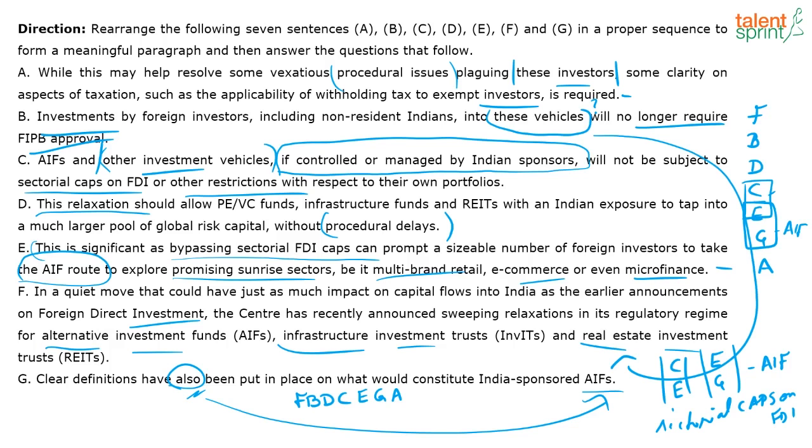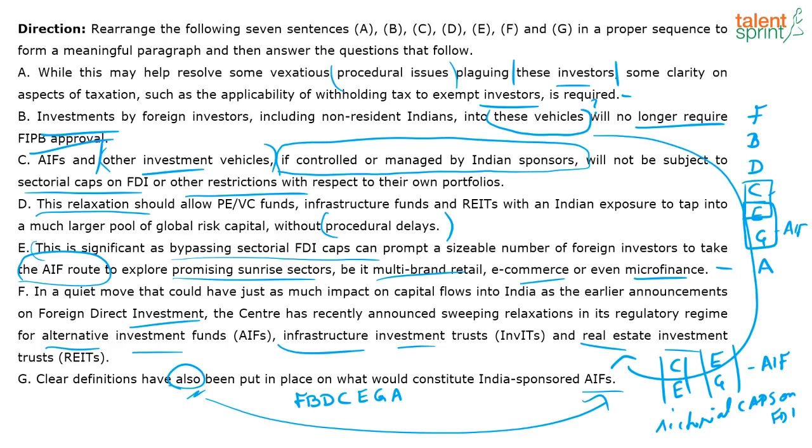For C and E, I said that the repeat word is sectorial caps on FDI, very clearly mentioned. If you look at C, something that will not be subject to sectorial caps on FDI. In fact, C introduces that, and E takes that up again.